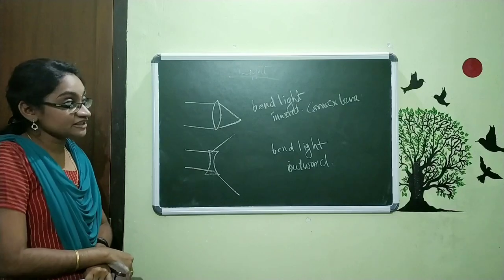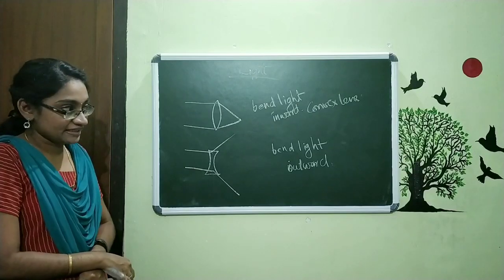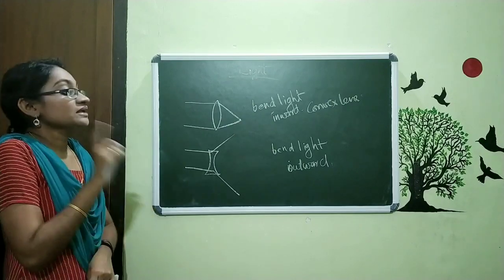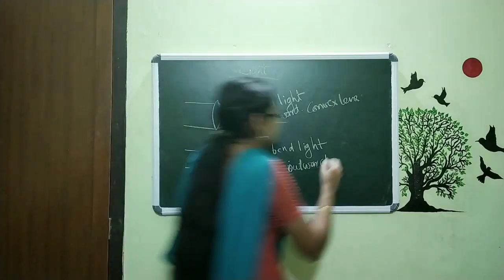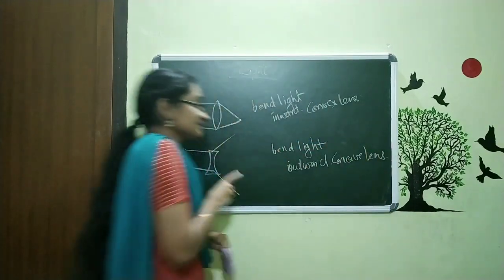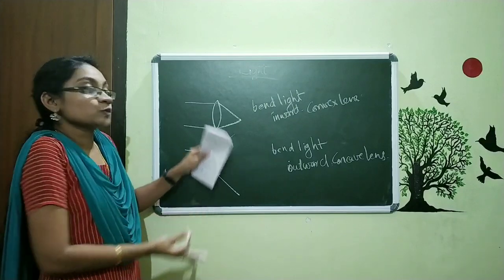This is the definition for convex lens and concave lens. Convex lens is the lens which bends the light inward, and the concave lens is the lens which bends light outward.